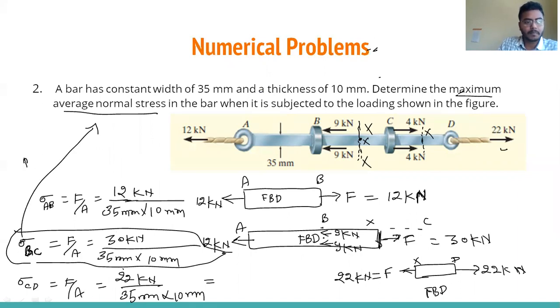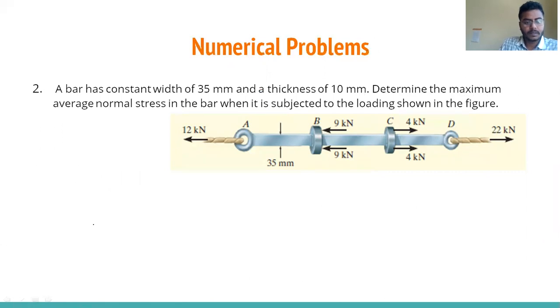This is also normal stress, this is also normal stress, and maximum will be this one. And what value will come? Maximum will be sigma BC, that is 30 kilonewton divided by 35 mm into 10 mm.